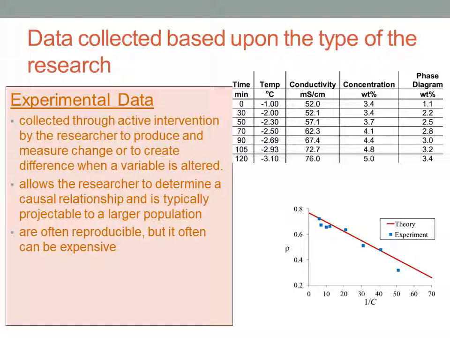So as you can see, the temperature is varied in time between 0 to 120, and the conductivity was measured, and the concentration of some ion generation is also measured, and also some other quantities are measured.